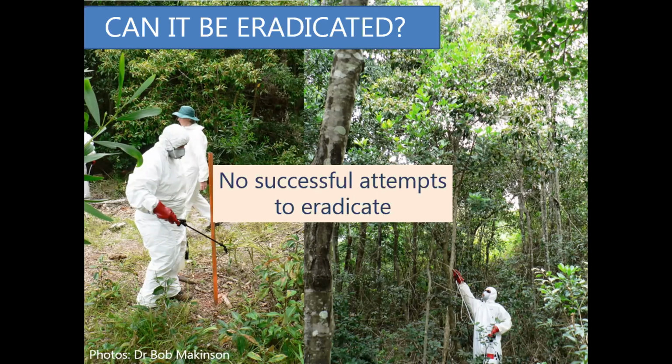So far there's been one attempt that seems to have been successful, and it's on Lord Howe Island off the coast of Eastern Australia. When they first detected it a few years ago, they managed to eradicate it, mostly because they don't have many Myrtaceae species on the island.